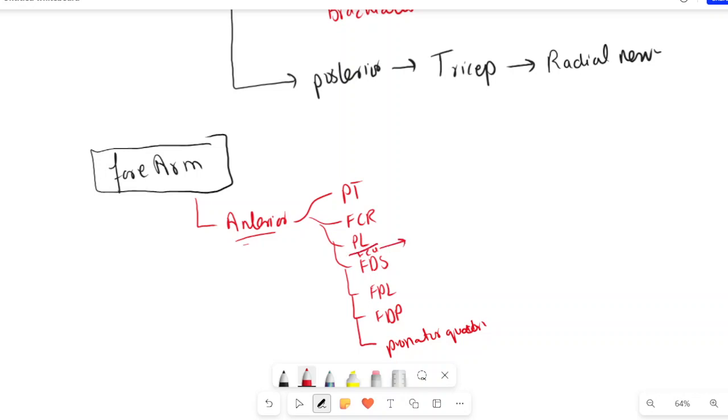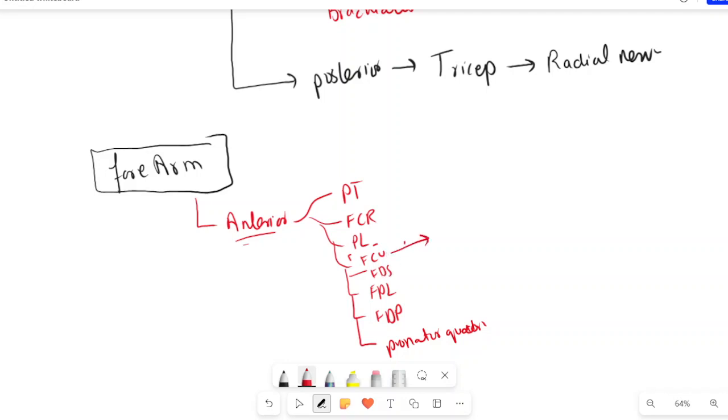After palmaris longus there are two muscles: the flexor carpi ulnaris and flexor digitorum superficialis.